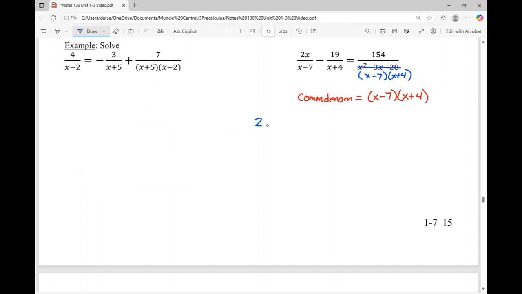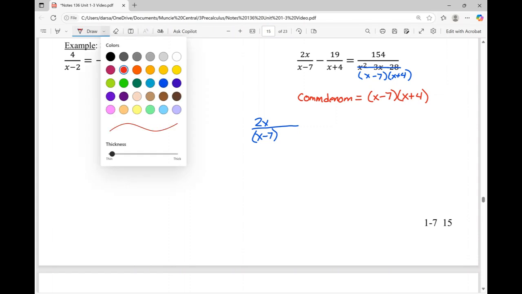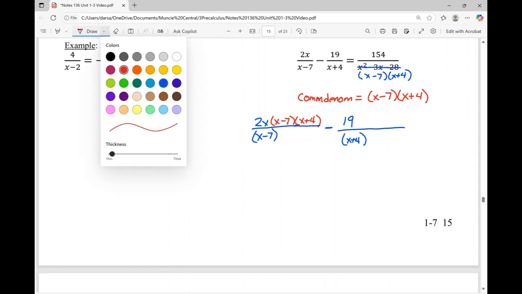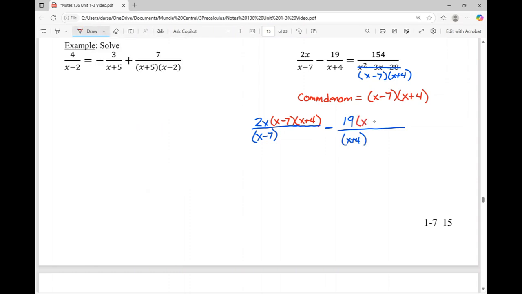So we're going to have 2x over x minus 7 as our first rational, and that's going to get multiplied by (x minus 7)(x plus 4). Our second rational is a minus 19, so we're going to put a minus sign here. We'll put the 19 over x plus 4, and we'll multiply it by the common denominator, (x minus 7)(x plus 4).